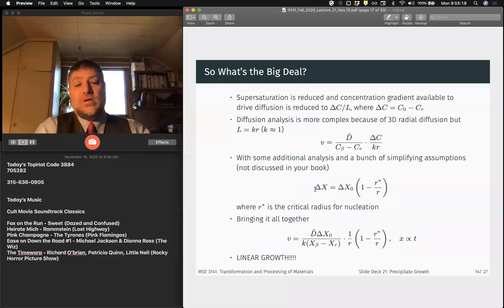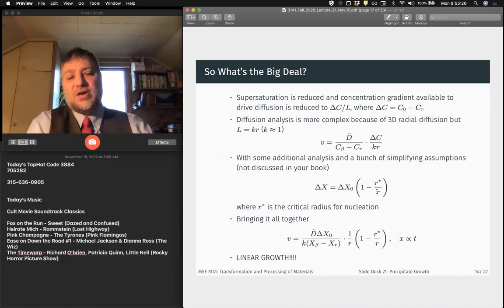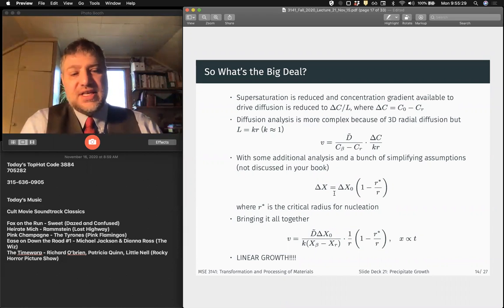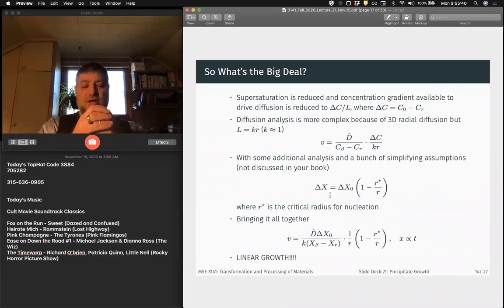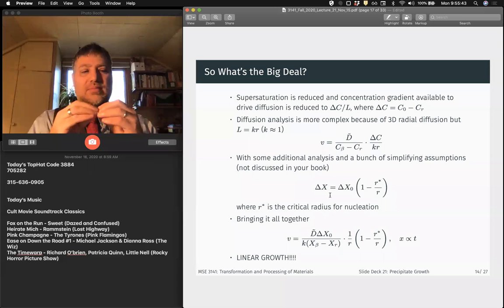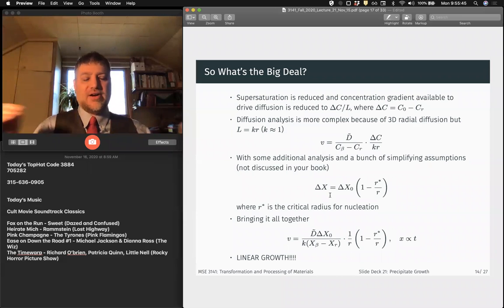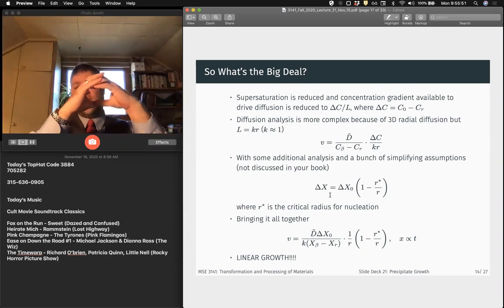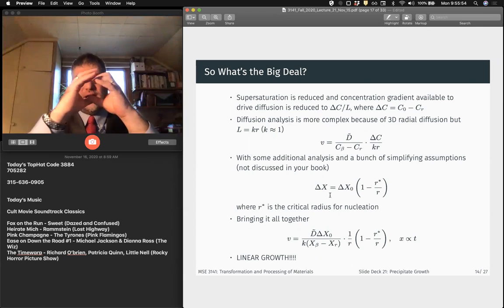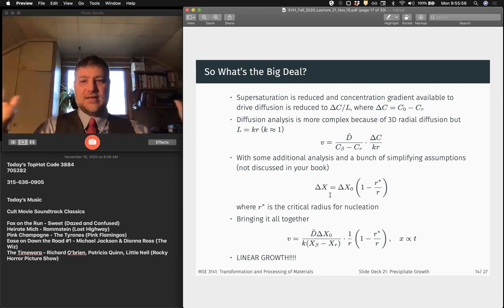So when our radius is exactly the same as our critical radius for nucleation, this goes to 0. We have no undercooling, and we have no growth velocity in that direction, right? So it's not growth of a needle or of a plate. At the very smallest, it's radial growth of a small nucleus, right? It's not lengthening of the needle.